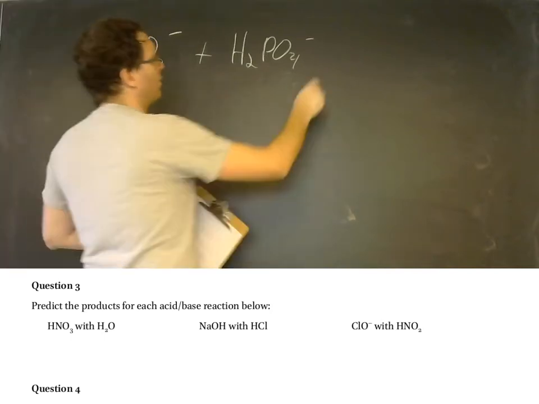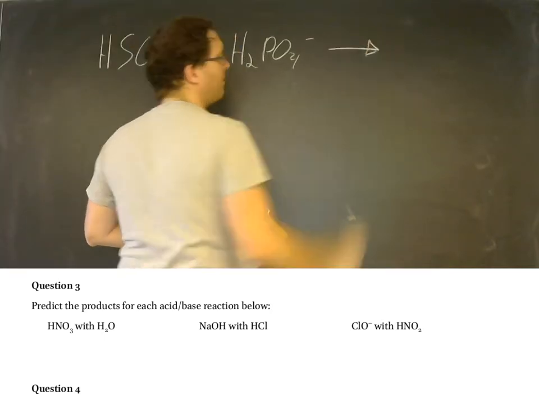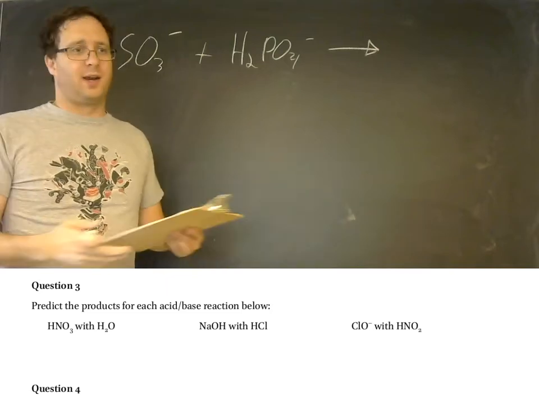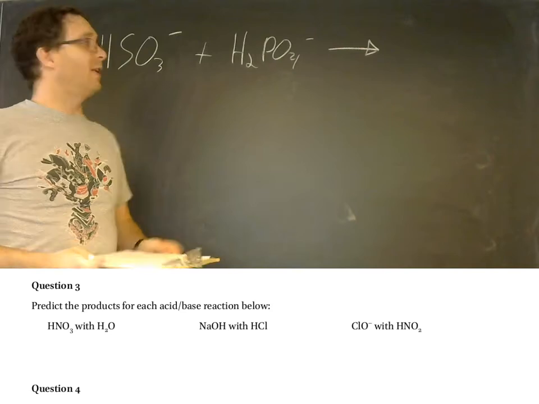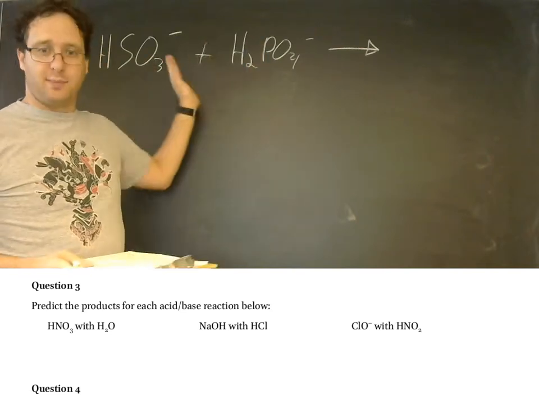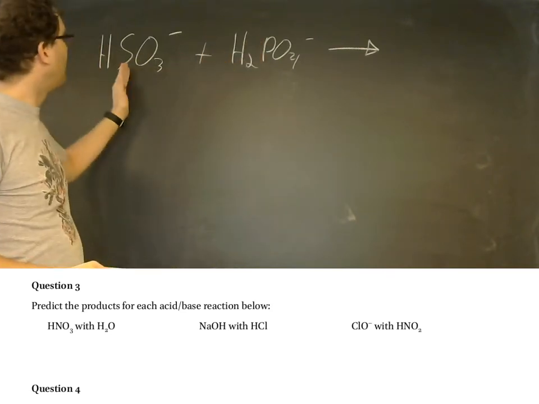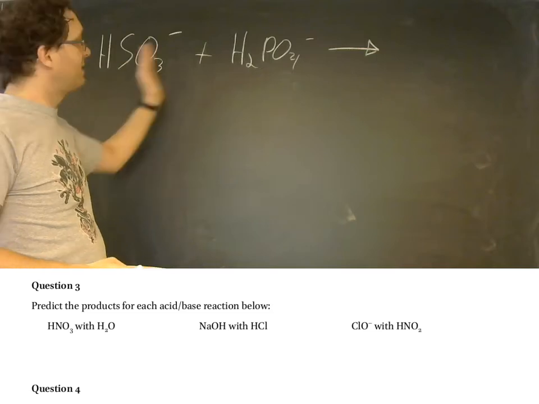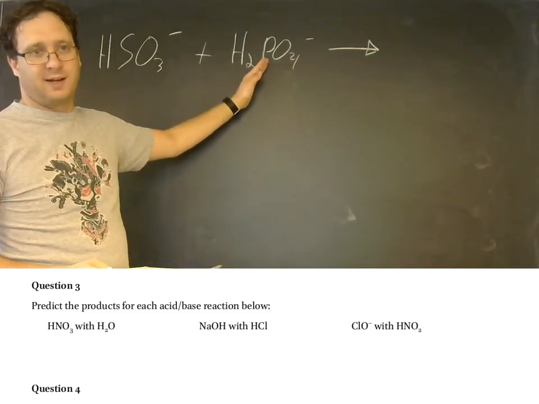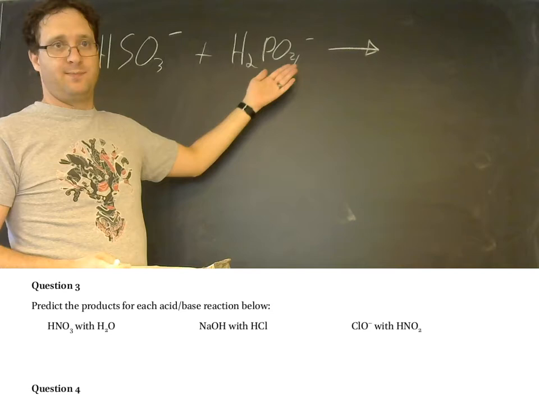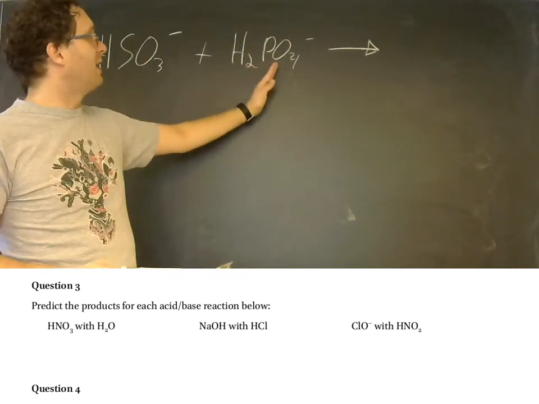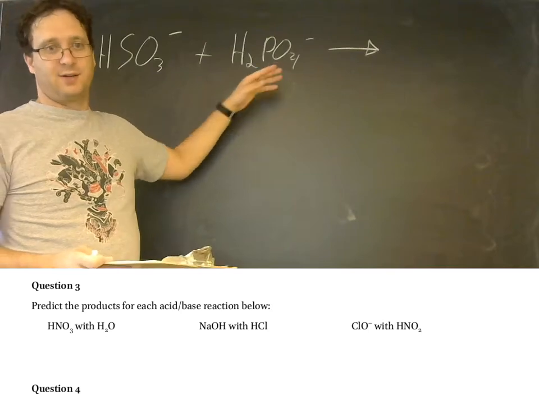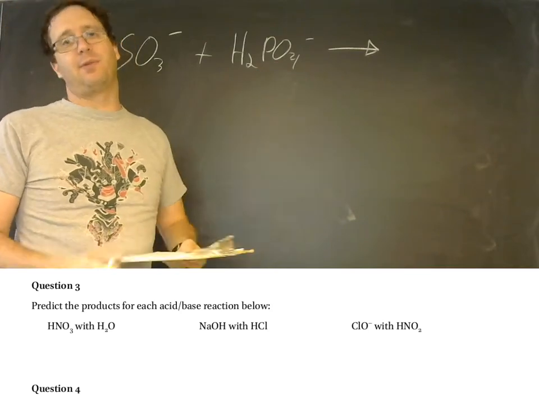So how do we know which way it's going to go? And it can get complicated. We would need to look at the specific acid and base strengths, and the reality is every combination will happen. HSO3- acting as the acid and H2PO4- acting as a base will happen. And then HSO3- acting as the base and H2PO4- acting as the acid will also happen. They'll both happen simultaneously.